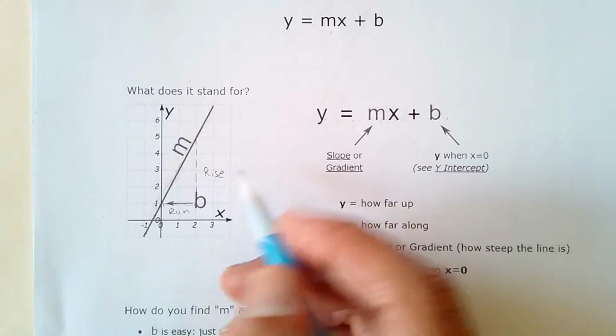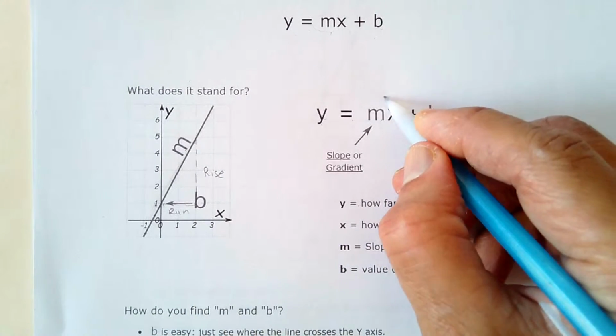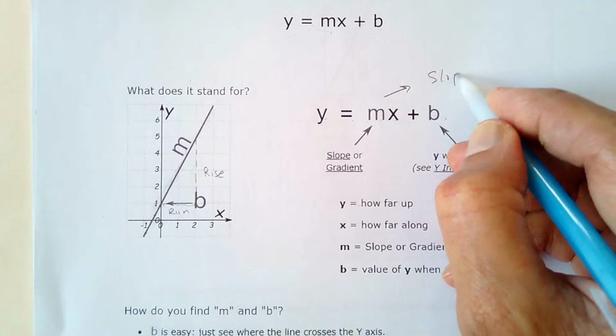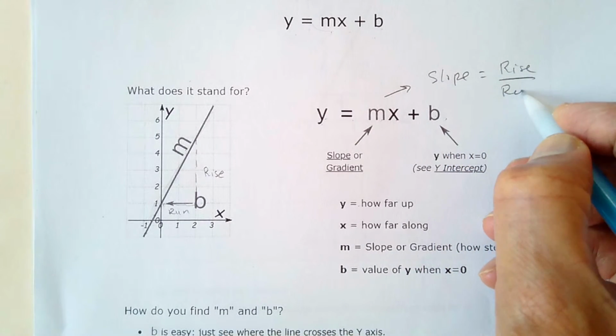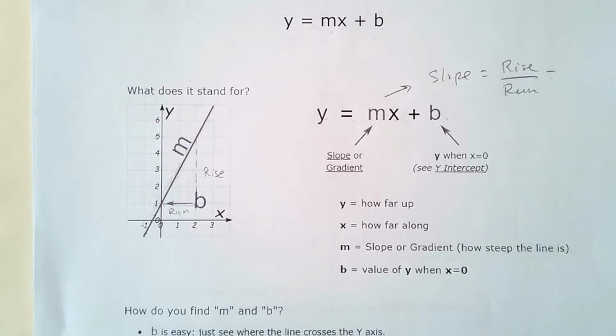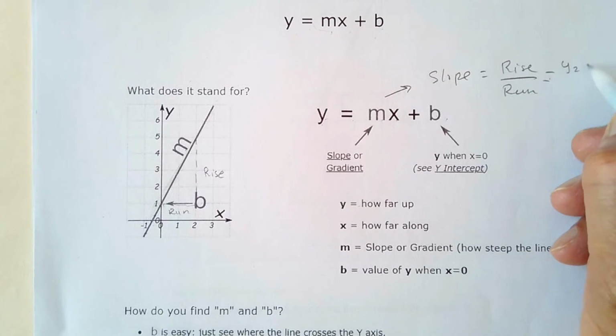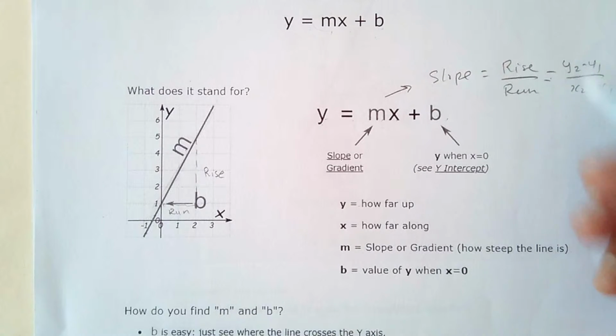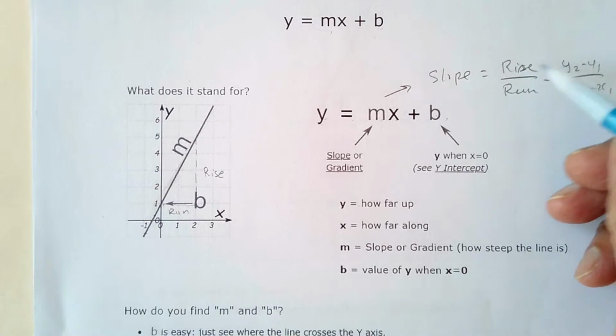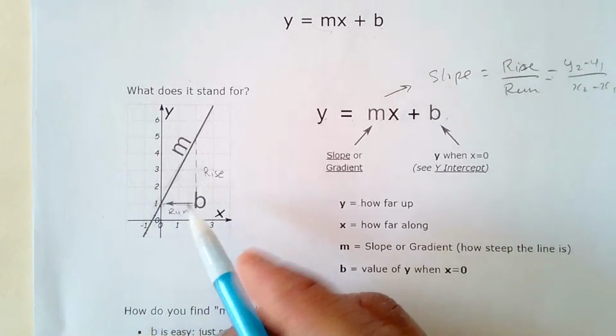It's a ratio, so the slope is equal to the rise over the run, or the change of y, y2 minus y1, over x2 minus x1. You don't have to memorize these yet, but I just want to make you familiar with what the slope is.